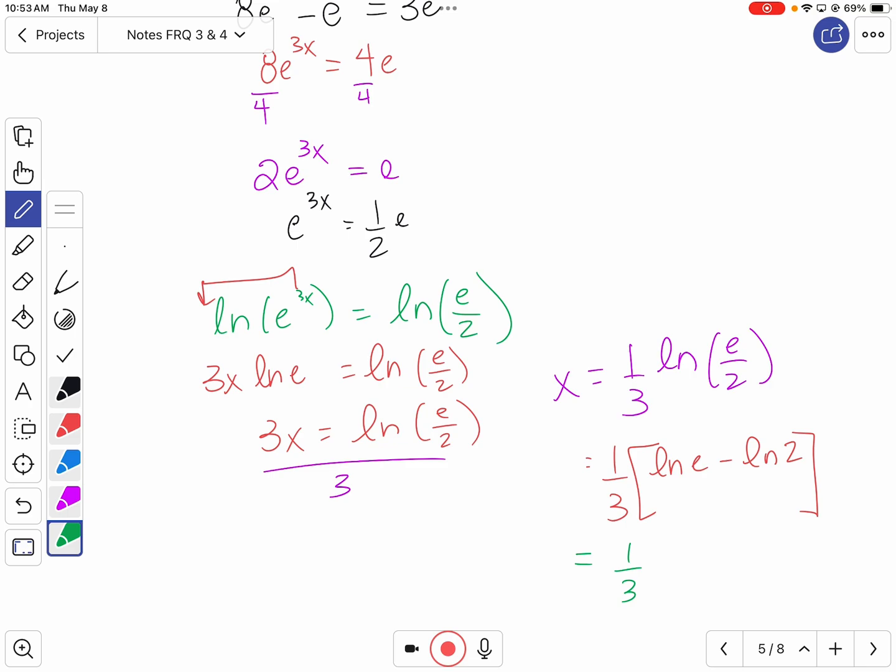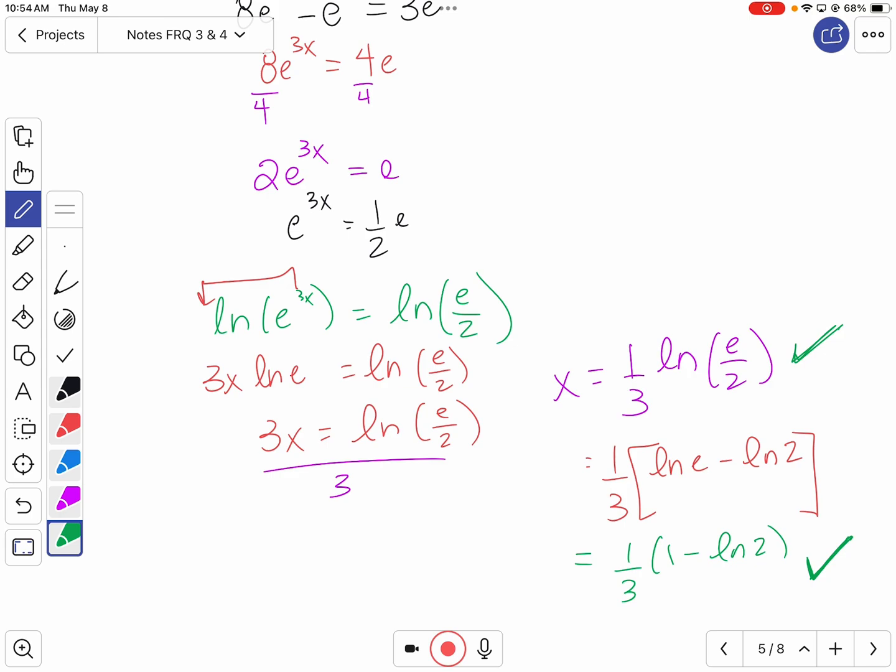So it could be the same thing as 1/3 times 1 minus the natural log of 2. I don't know that you had to do that. Let me look. I don't think you had to, but okay. It's not specific in the solution guide. I think you're good at that first check mark.